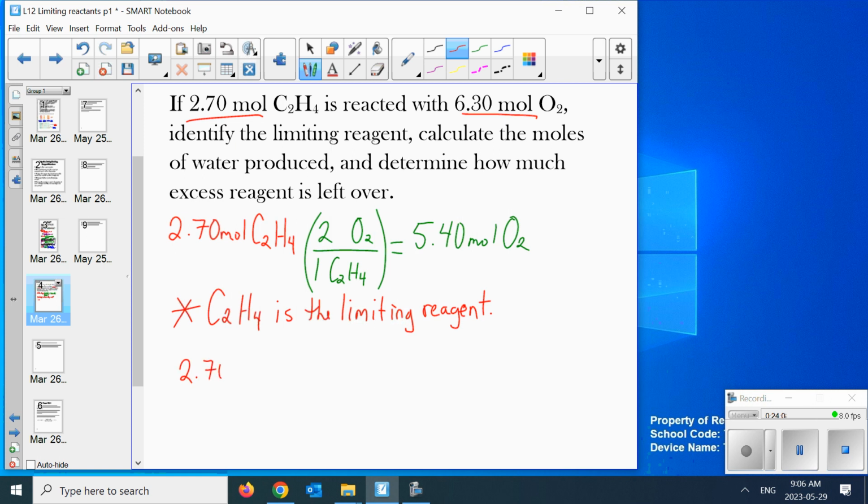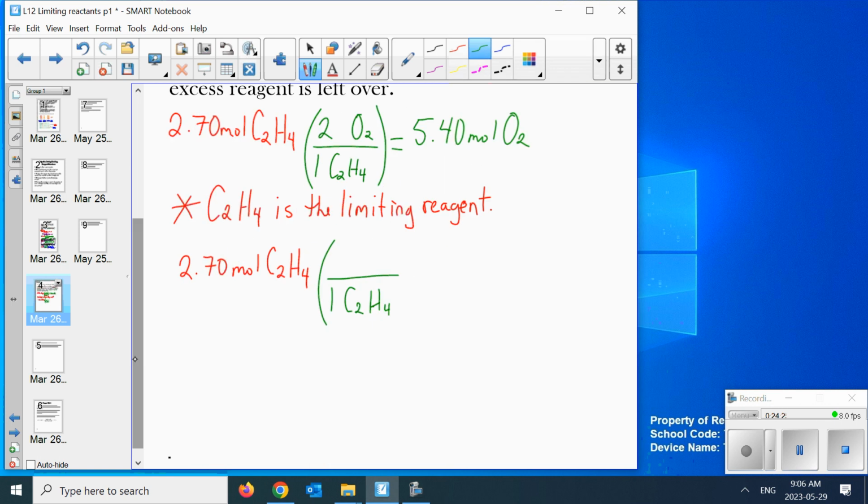2.70 moles of C2H4. Getting rid of that, I want moles of water. Look at the balanced reaction and see that it's two waters.